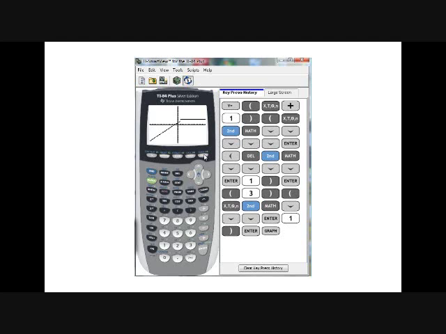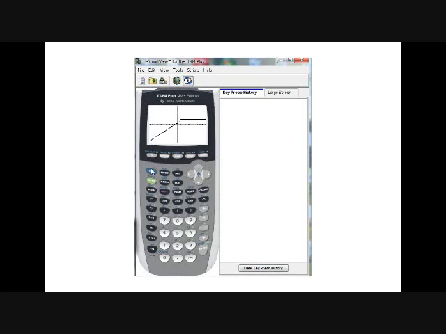Let's go to another example, that is the question 20. Okay, let me clear everything. Come back to the y equal and clear both pieces. Clear and clear. Okay, I come back to the y1.